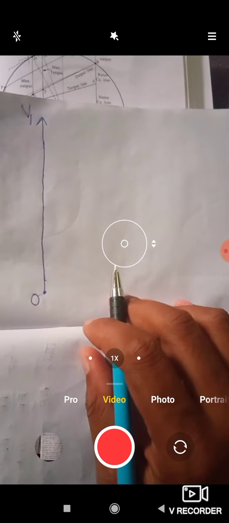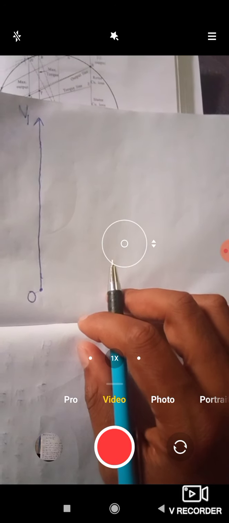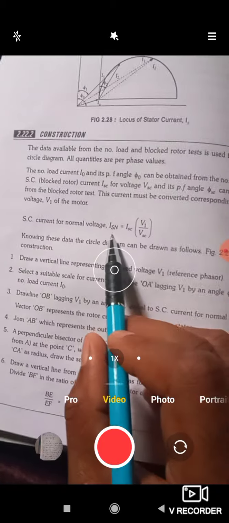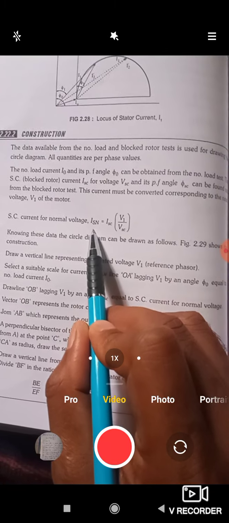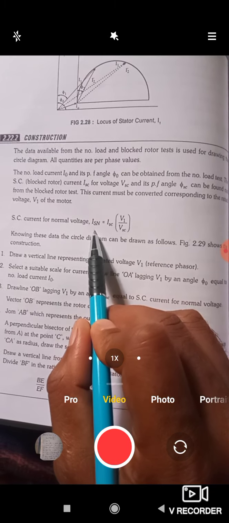But here we have to take some scale because the graph sheet length is limited, around 30 centimeters diagonally and I think 20 centimeters horizontally. So we have to take some scale, which depends on the short circuit current under normal condition.